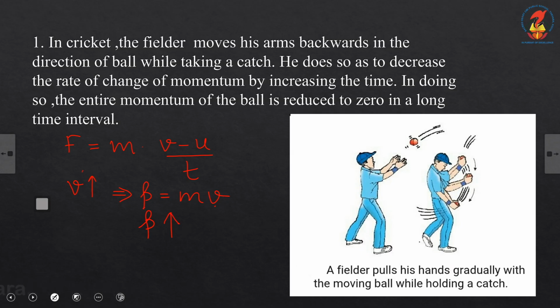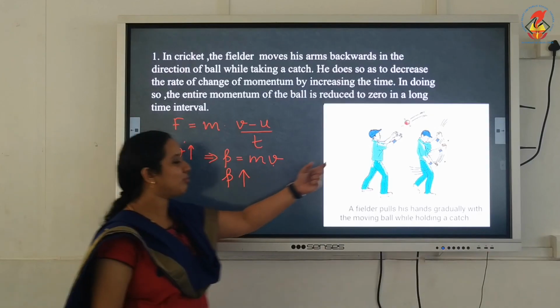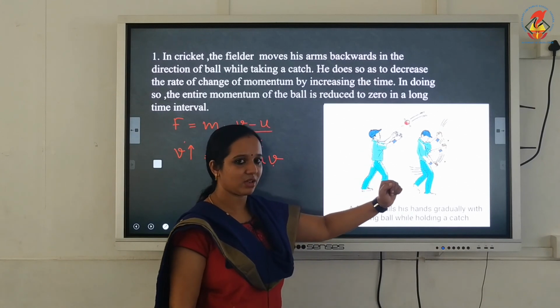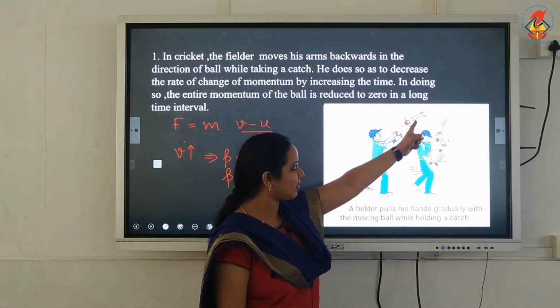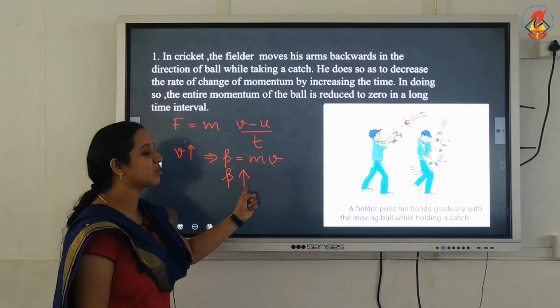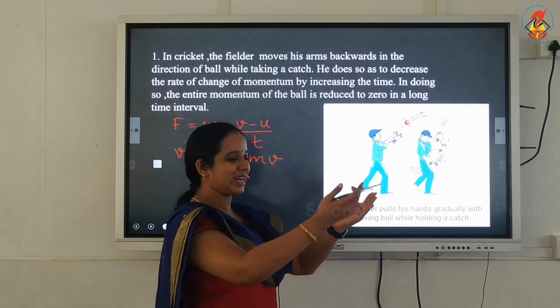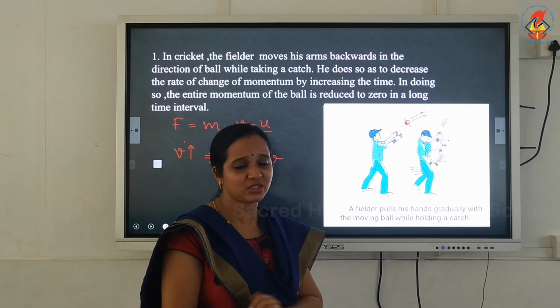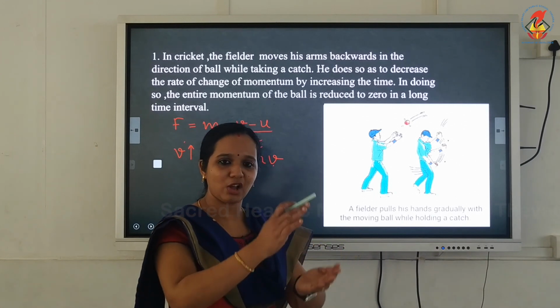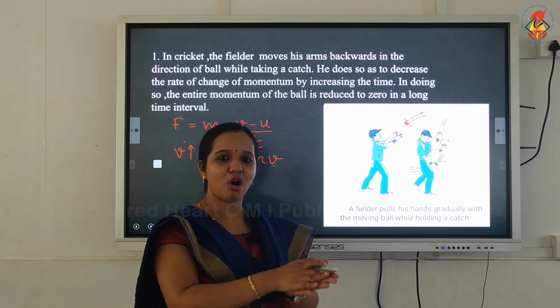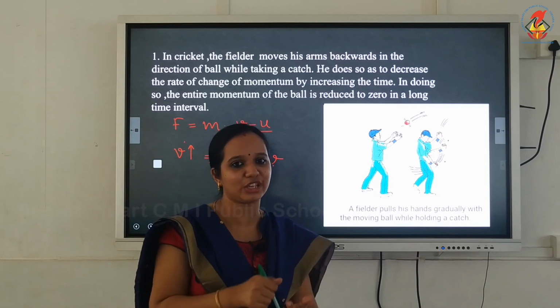So when the ball is moving through the air, the ball is having greater velocity, which means it is having greater momentum.